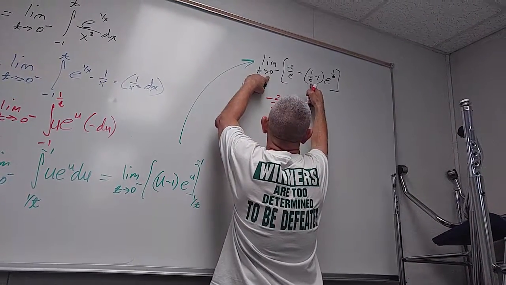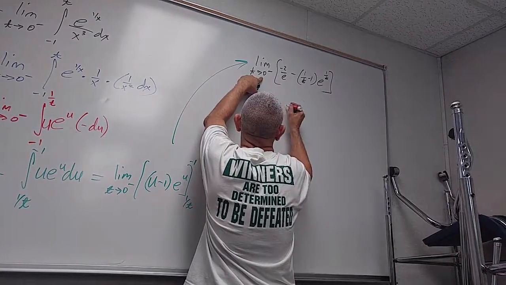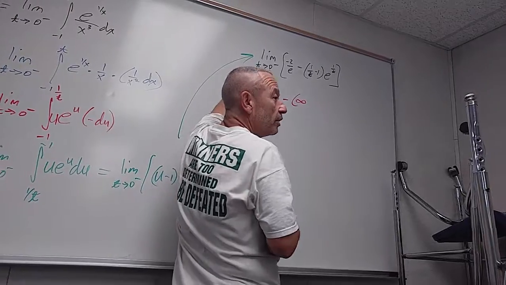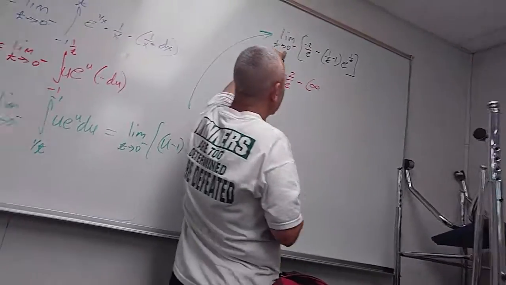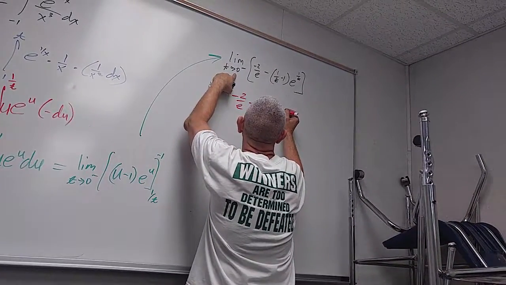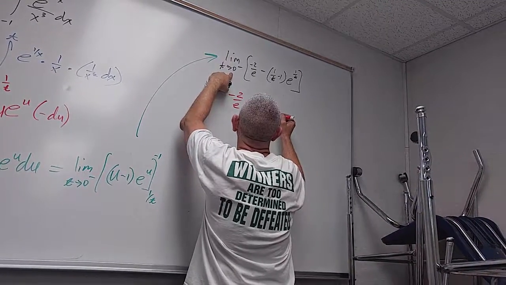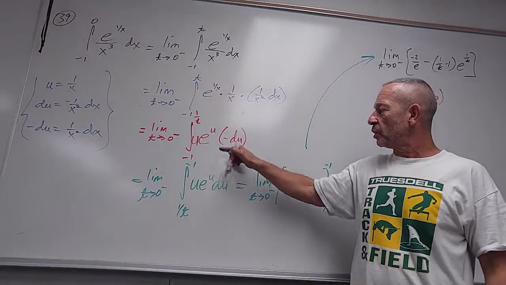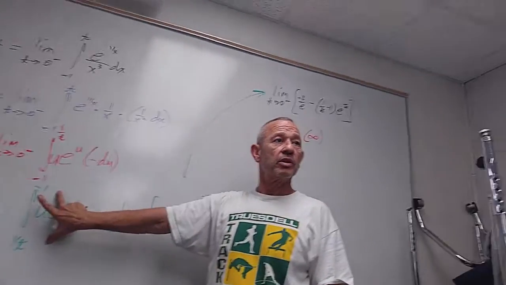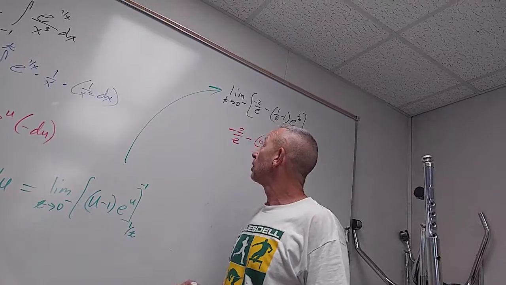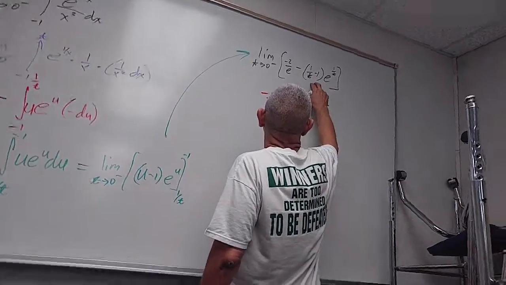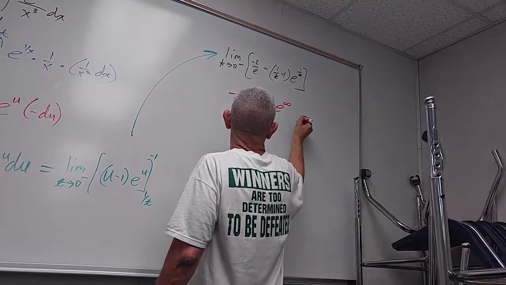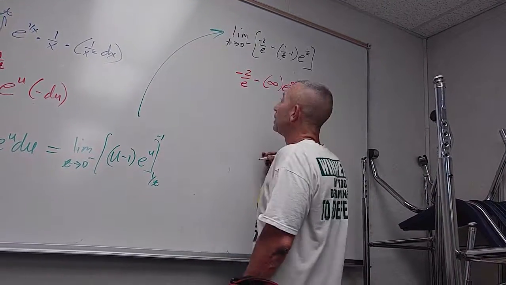Plug in 0, 1 over 0 is infinity. Infinity minus 1 is still infinity. Isn't there supposed to be a negative? Because du is negative du. Let's see, I got rid of the negative when I exchanged the limits of integration. So that's infinity. e to the 1 over 0 is e to the infinity, which is also infinity. In other words, this is minus infinity.